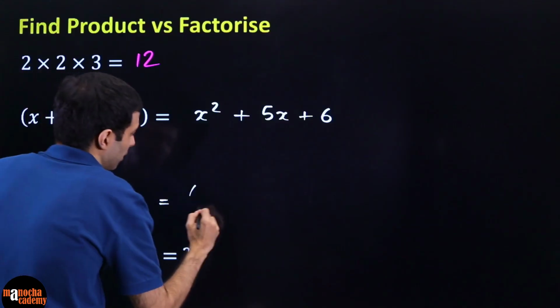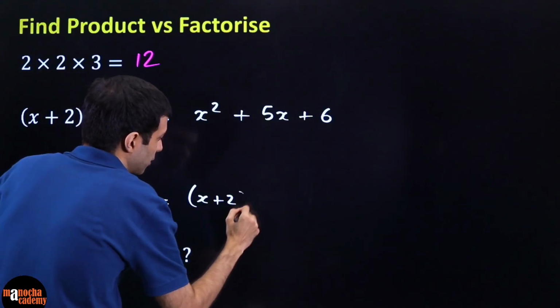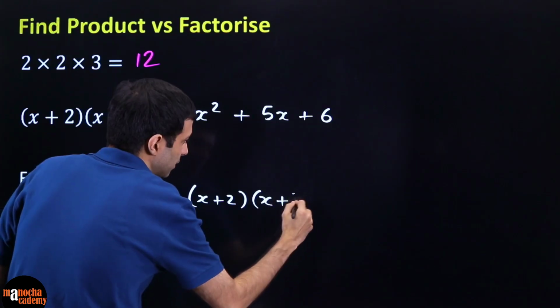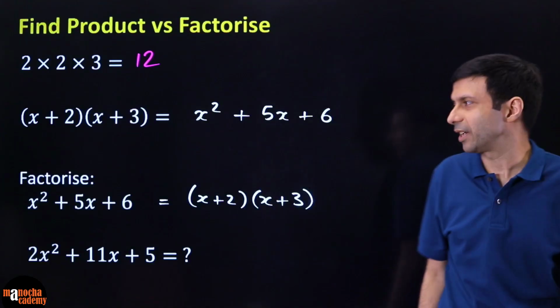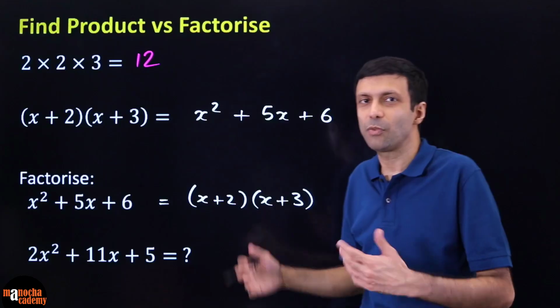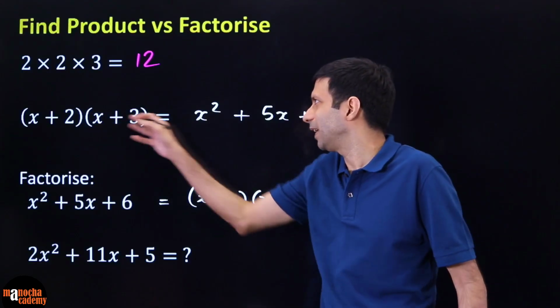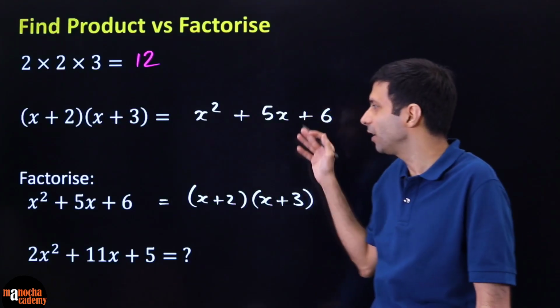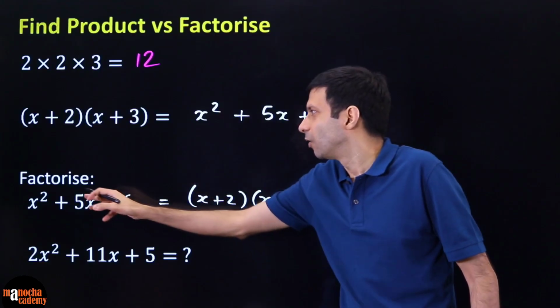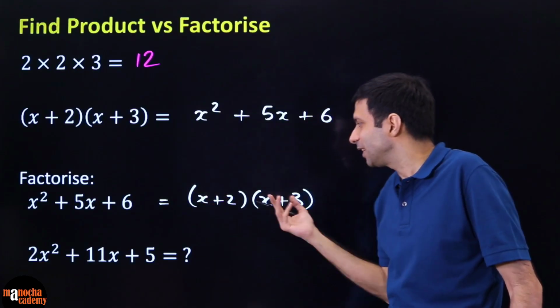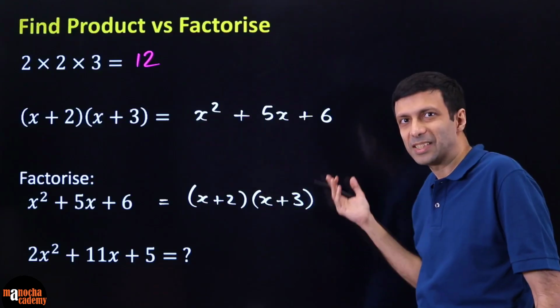The reverse. The factors here are x plus 2 times x plus 3. This is called factorization. It is just the opposite of finding the product. In finding the product, we expand it, we simplify it. Here we are doing the reverse. When we find the factors, we express it as something times something.